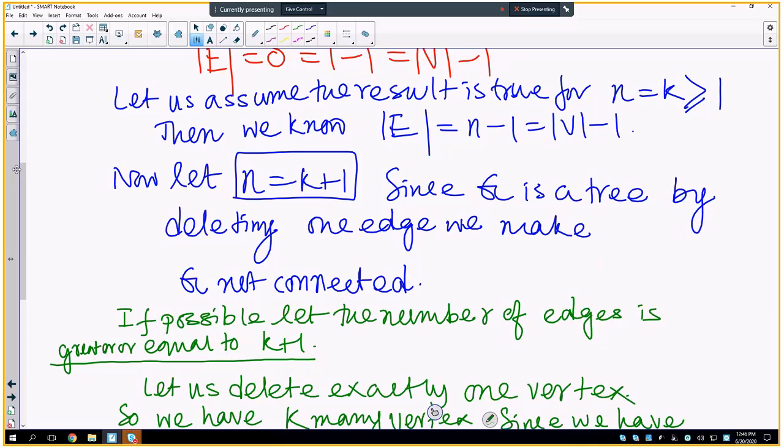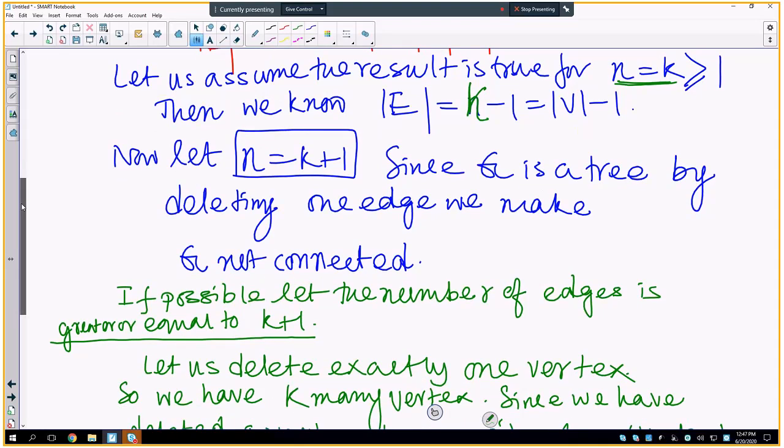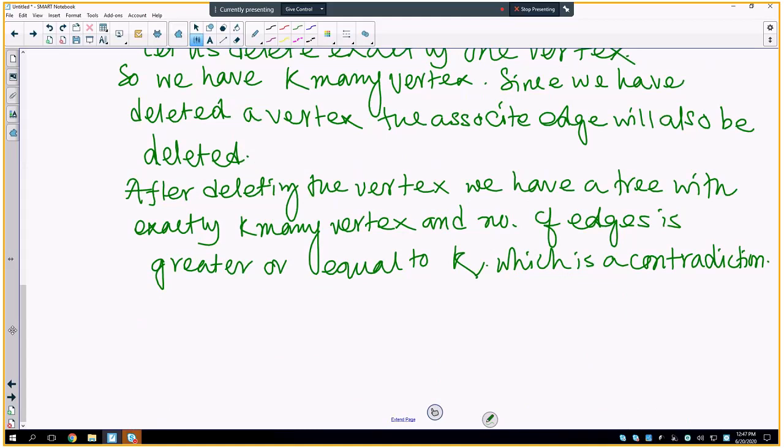Then we know that the number of edges is exactly 1 less than the number of vertices. Because I'm saying n equal to k, I can represent by k. So if you have k vertices in your tree, then there are k minus 1 edges. So it is a contradiction to the induction hypothesis, because now I'm saying that the number of edges is either k or more, so it cannot be k minus 1. Contradiction to the induction hypothesis.